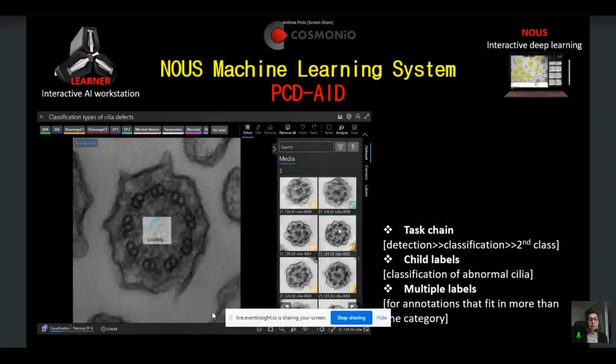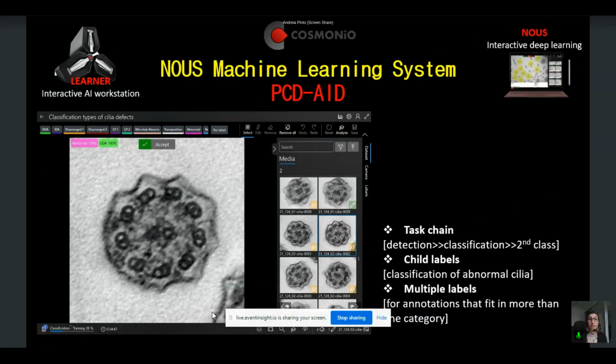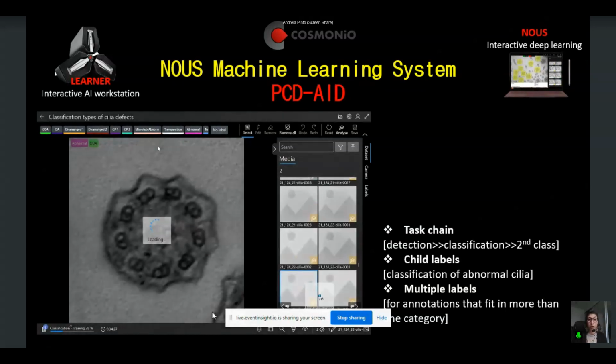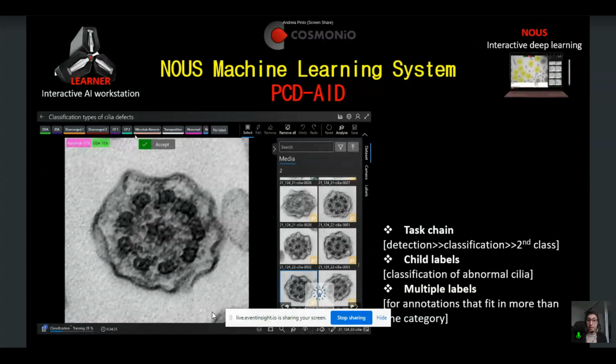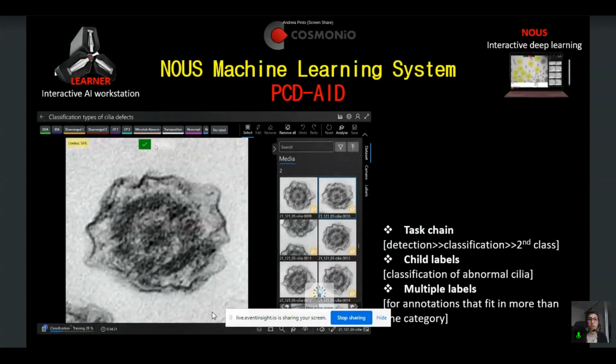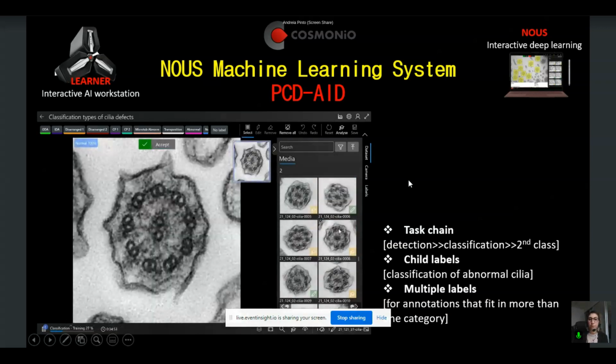This cilia is abnormal and has outer dynein arm defects, and the NOUS is 100% sure of that, and I agree, it's true. And this one the same. And this one is useless, and it is also correct. So this is how it goes now. It gives suggestions, and I just accept or reject. And I'll tell you about the performance a bit later on.